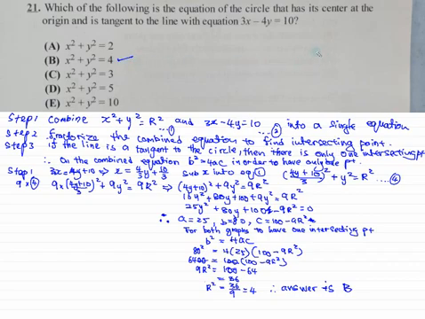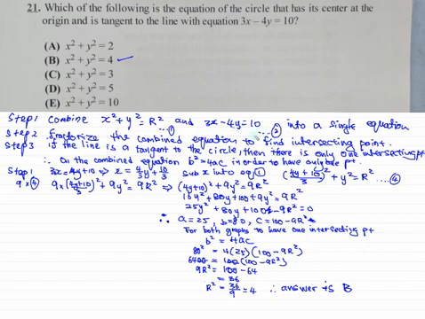Now, is there a method whereby you just do some substitution, trial and error, to arrive at the answer? Actually, there's another method of solving this question, using the gradient.